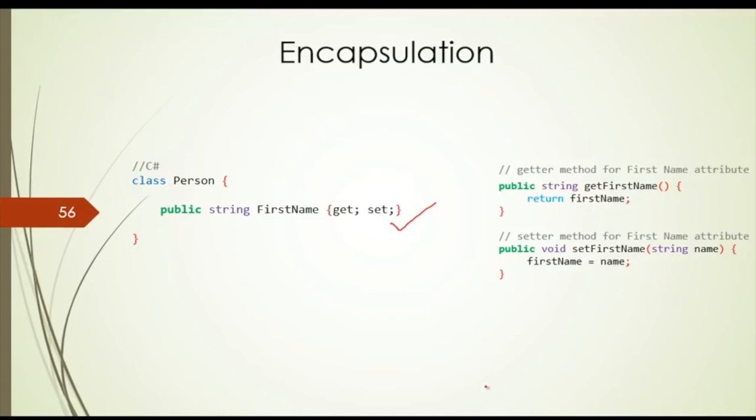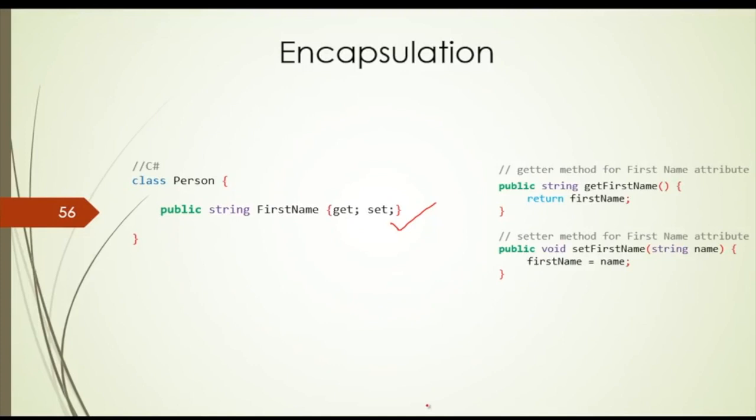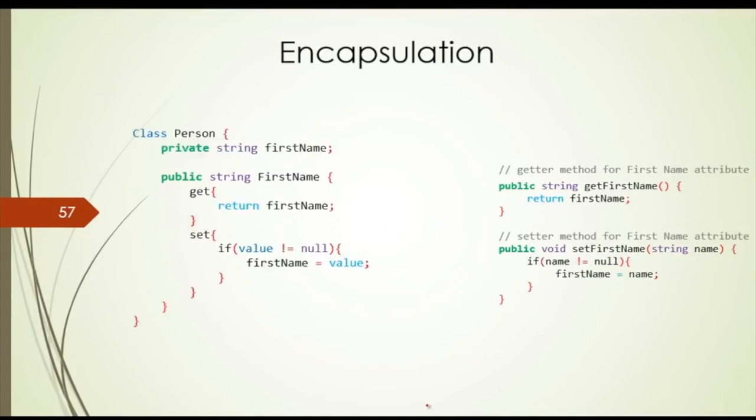So what do you do when you have conditions like this? If you really want to explicitly define the getter and setter, what you can do is, after the get, use the curly brace and let's say you do some stuff up there and then return the first name.